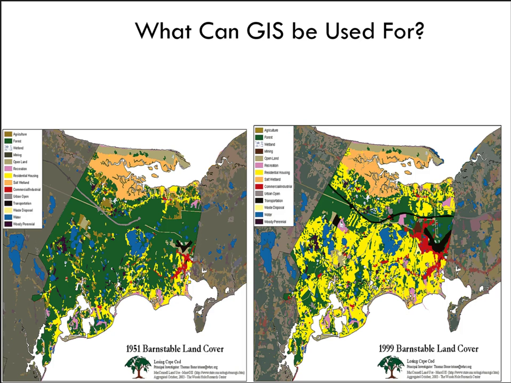And here is another great way of GIS being used. In the left-hand map, you have the 1951 land cover, and we can see that in 1951 there was an overwhelming amount of dark green, and that was forest. Then we can jump to 1999 and see the change. The forest has greatly decreased, and now the prominent color is yellow, which is residential housing.